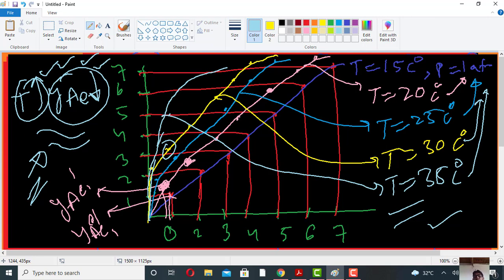At lower temperature, the solubility of gases increases, and at higher temperature, the solubility of gases in the liquid decreases. So this is all about the effect of temperature on the equilibrium concentration of sulfur dioxide in the air and water respectively.